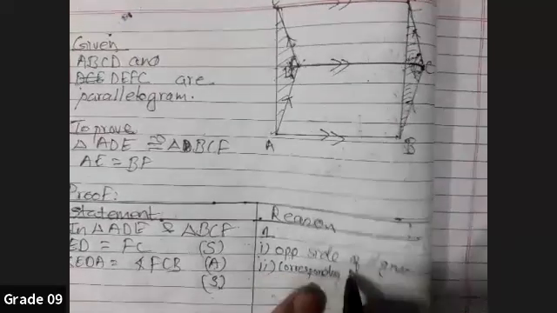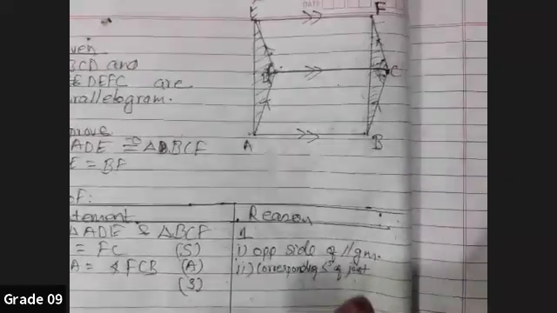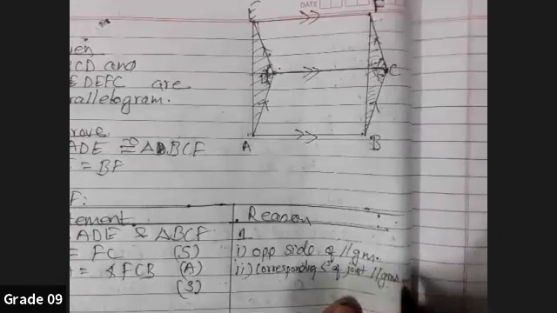You can write corresponding angles of joint parallelograms. Okay, so I have adjusted my handwriting here. Joint parallelograms, two parallelograms. So corresponding angles of joint parallelograms.